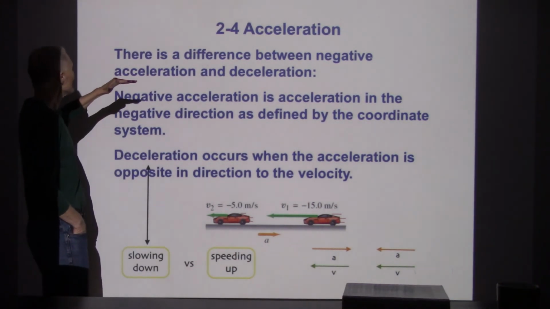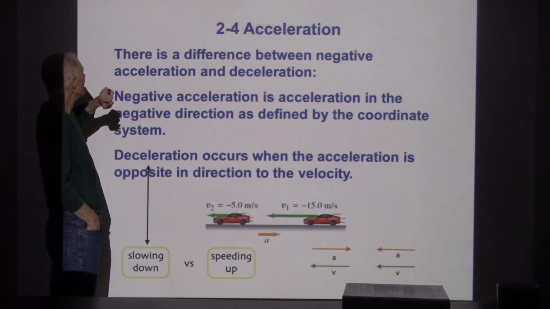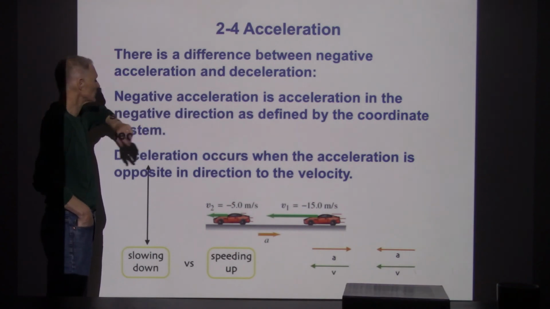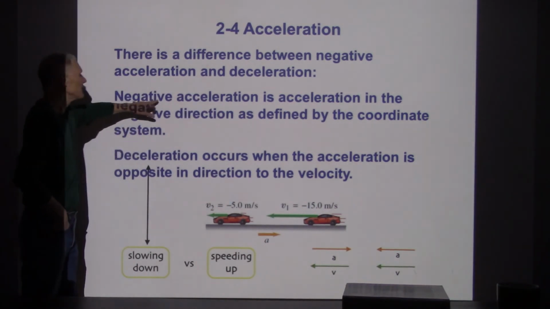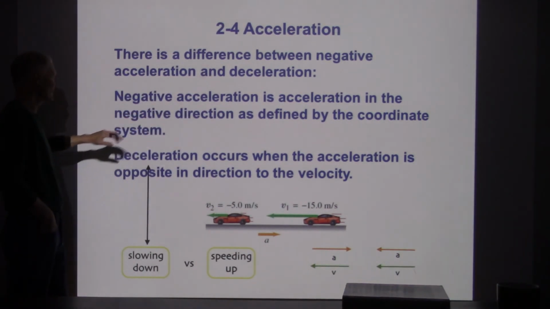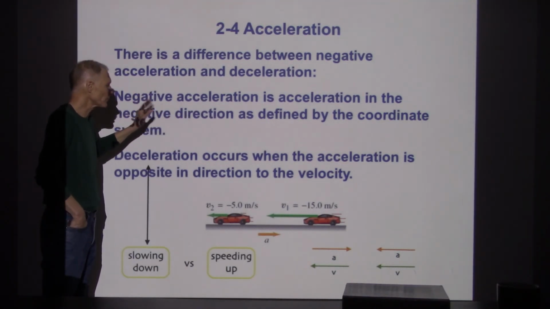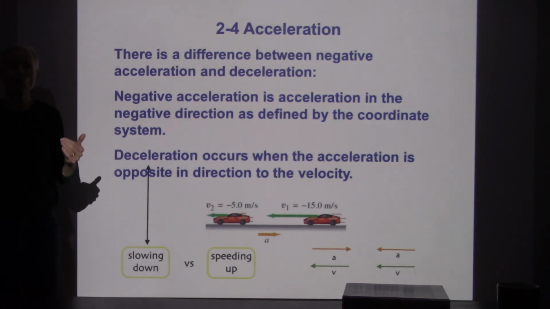Now, it says on this slide, there's a difference between negative acceleration and deceleration. I think this is important. A negative acceleration is an acceleration in the negative direction, and that negative sign depends on how we have set up the coordinate system.